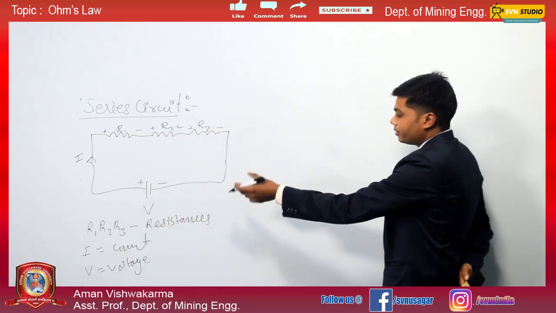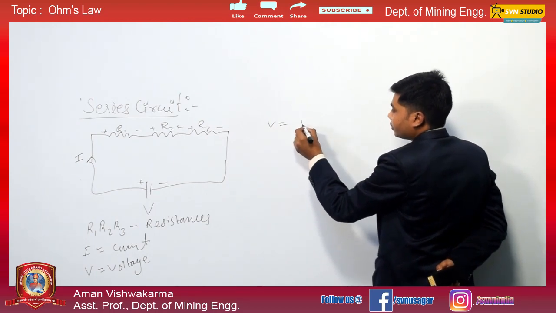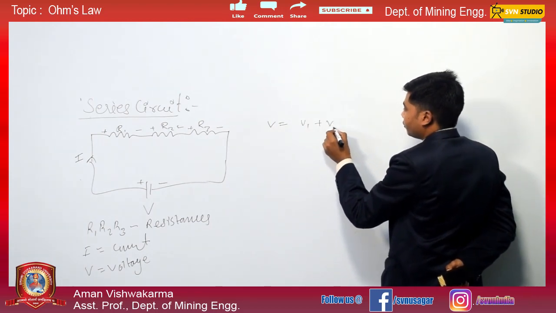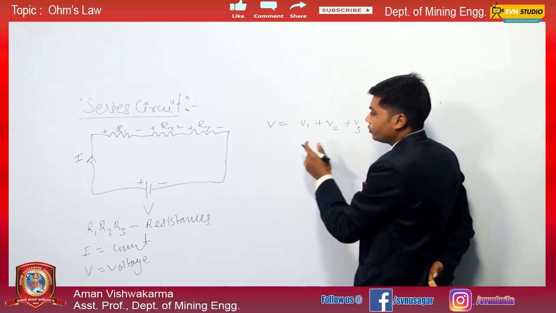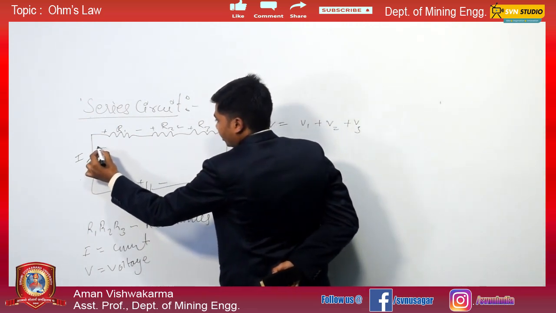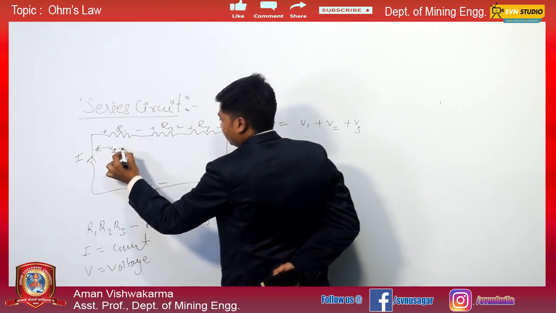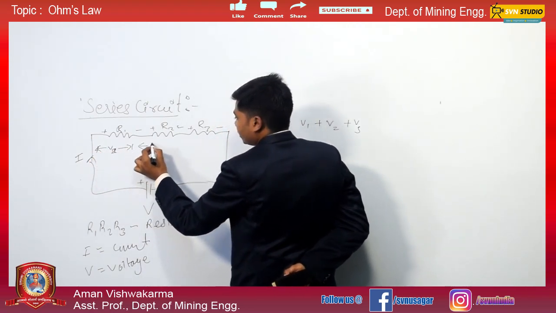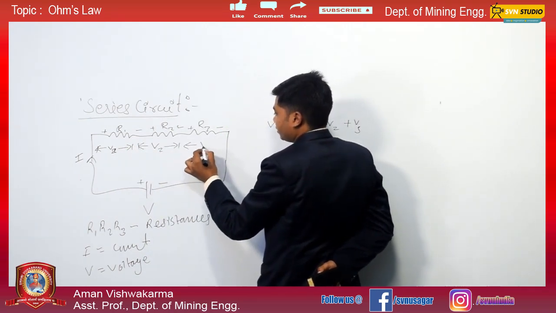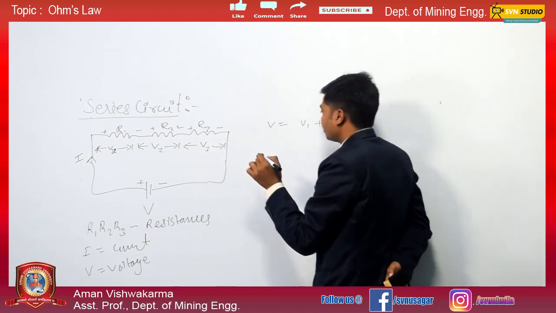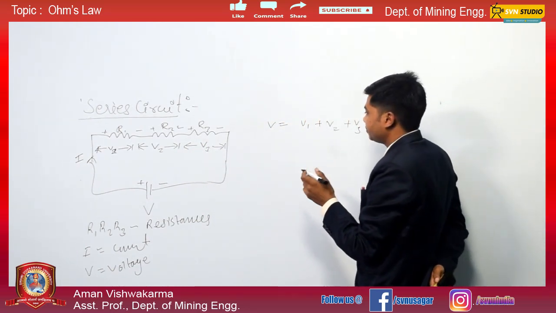So, we can write that V is equal to V1 plus V2 plus V3. And what are V1, V2, V3? They are the respective voltage drops. This is V1, this is V2 and next this is V3. Okay. So, V is equal to V1 plus V2 plus V3.